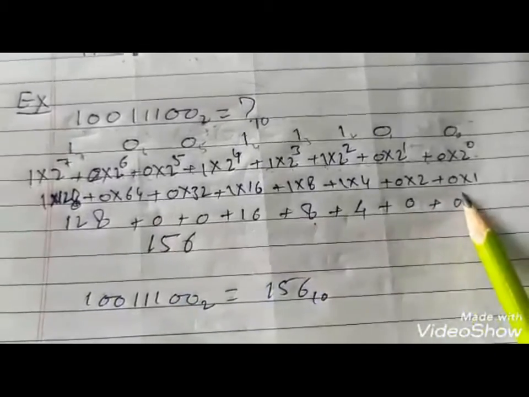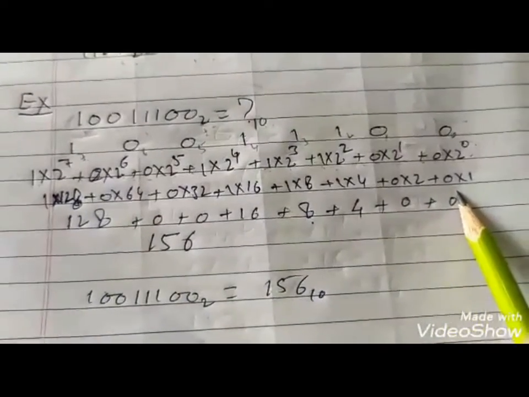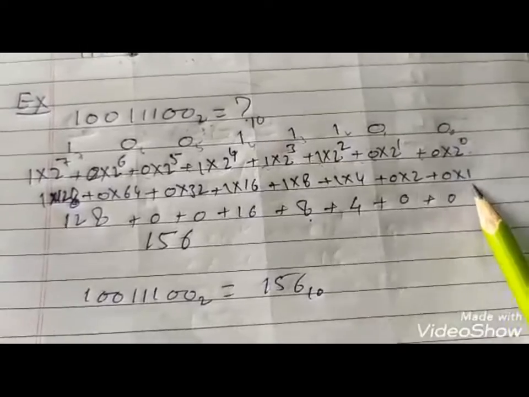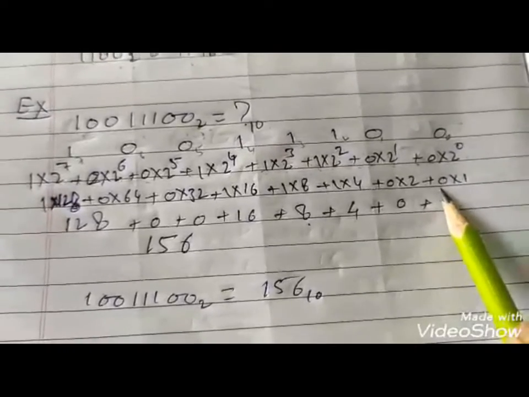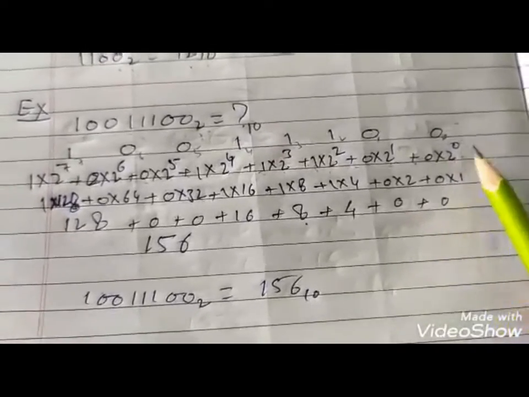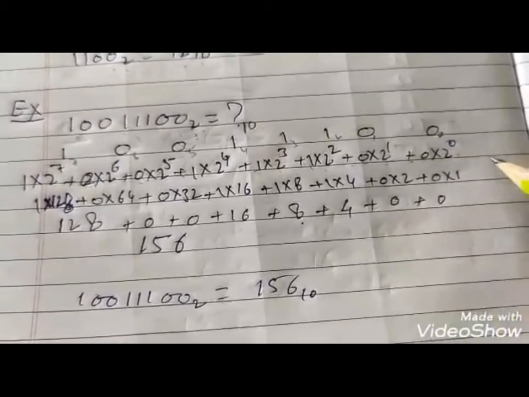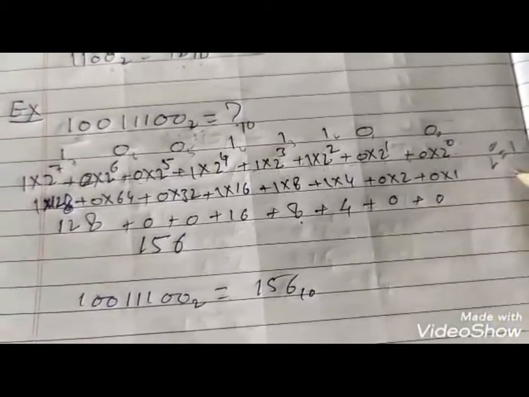Next step is 1 multiplied by 2 the power 0, which is 1.